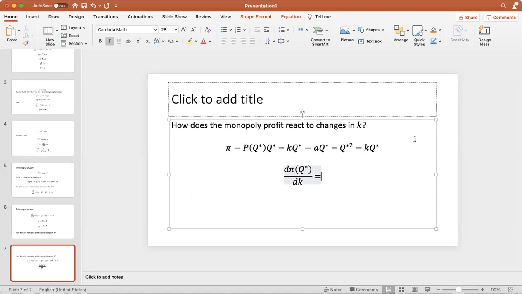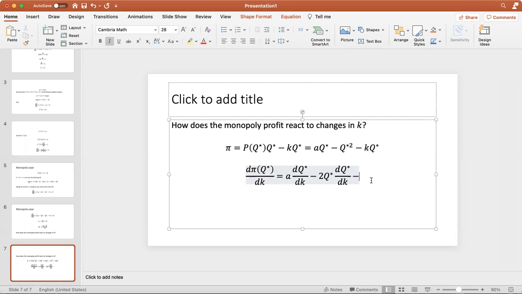So you take the derivative of the profit function with respect to k. That's going to be A dQ star over dk, minus 2Q star dQ star over dk, minus, and this will require the product rule.